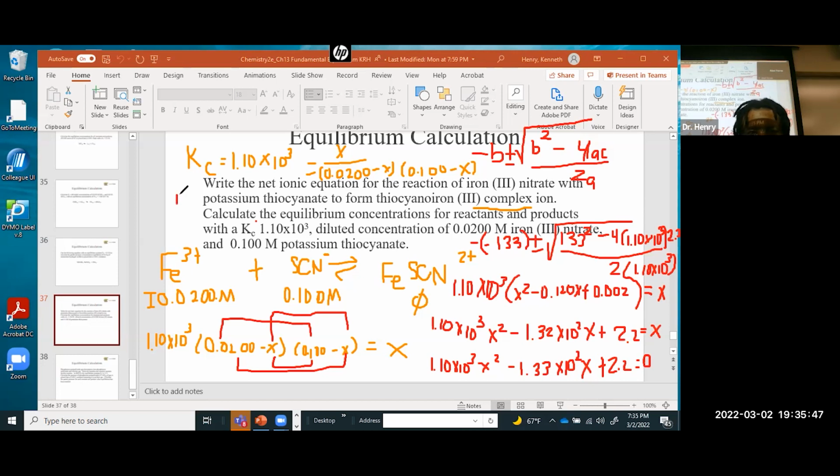So we'll get 133 plus or minus... still does not work out right. Let's try this again.